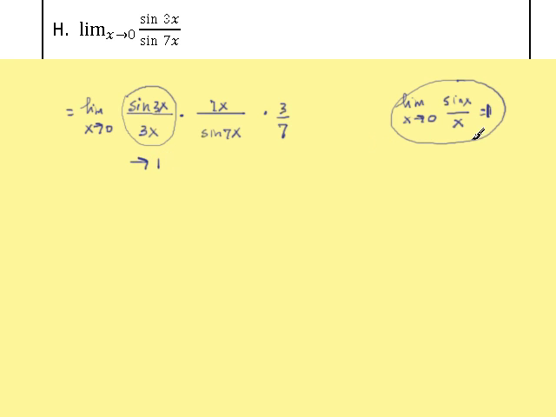Now, since this is true, the reciprocal also goes to 1. So we have this piece goes to 1, and so does this. What we're left with is 3 over 7. So our limit is equal to 3 over 7.